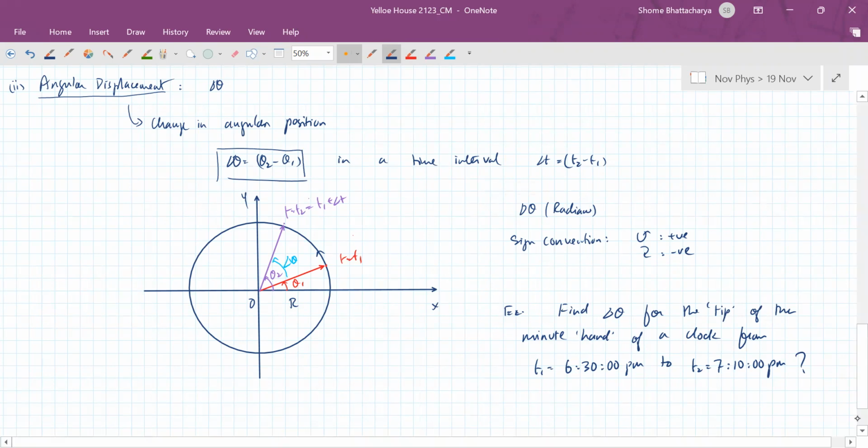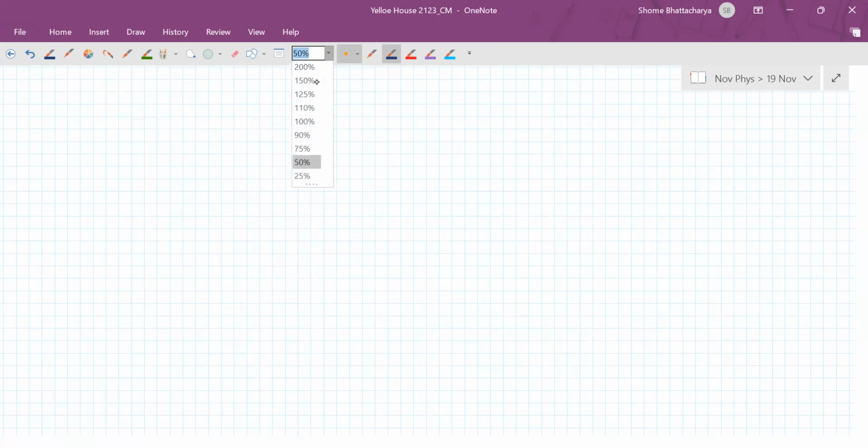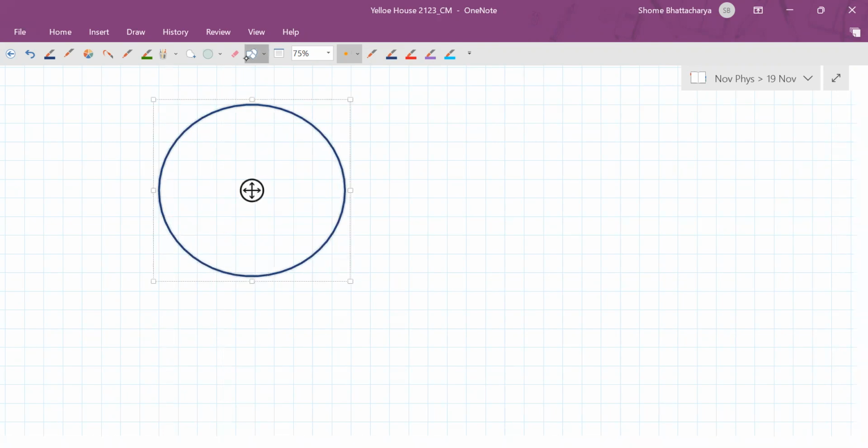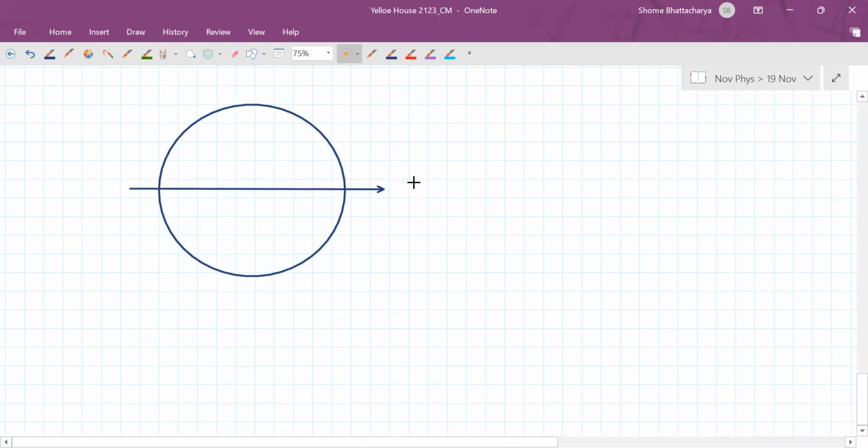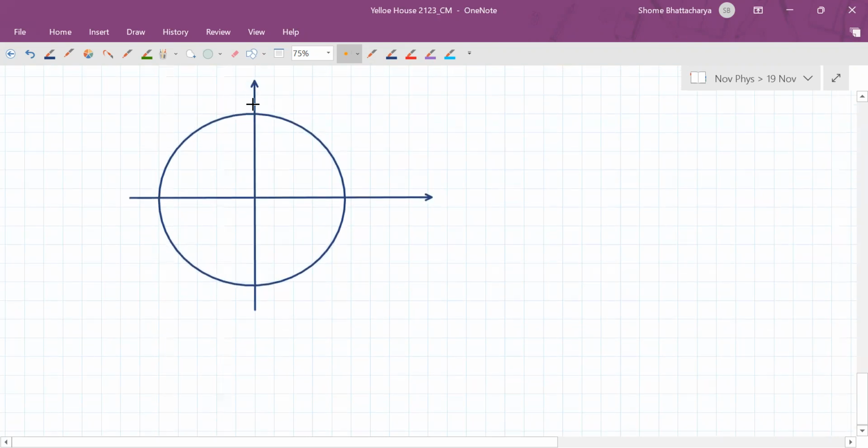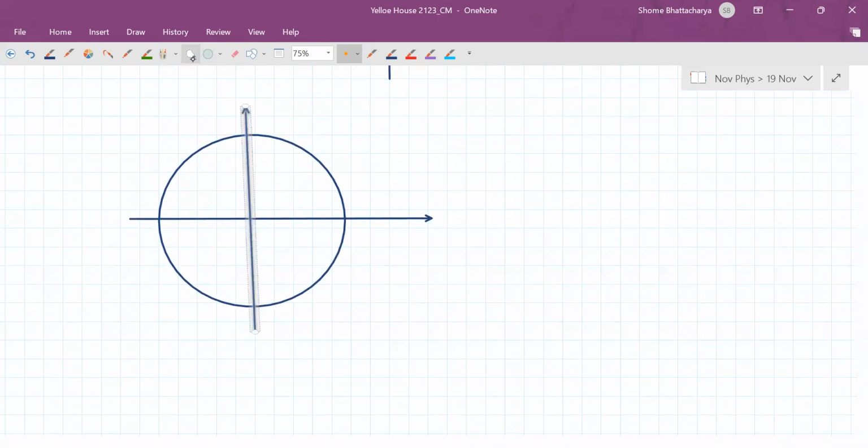So anybody got the answer for this angular displacement? Minus 60. So the tip of the minute hand would be here at t equal to 6:30.